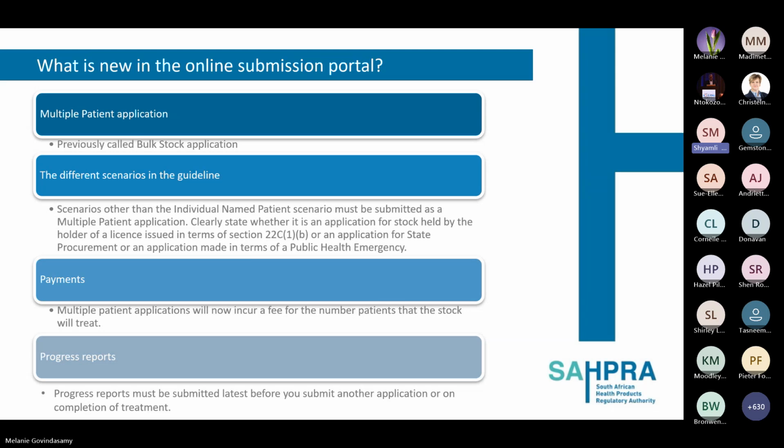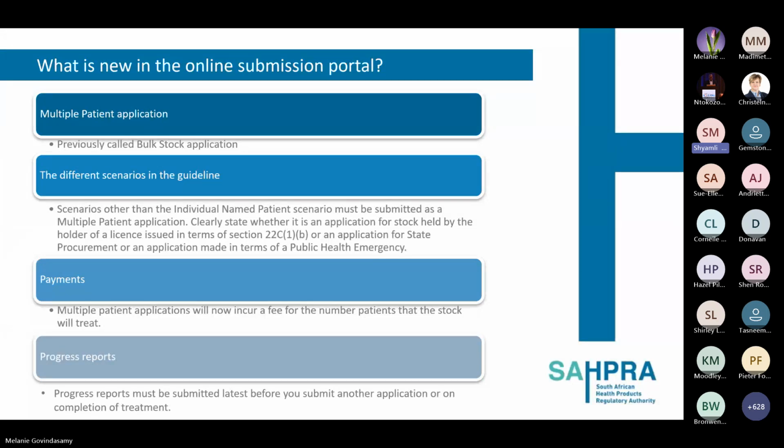The other point is that we previously had a scenario where you submit a bulk stock application. Now it is termed multiple patient application, and very similar to the named patient application that Cornel has demonstrated, there is also an option for multiple patient application.